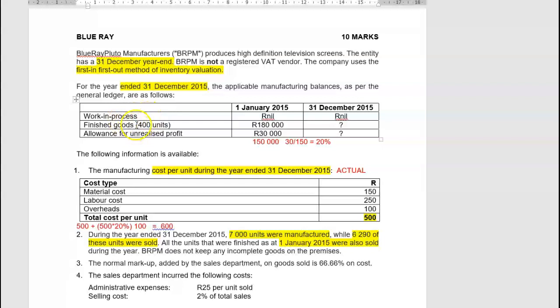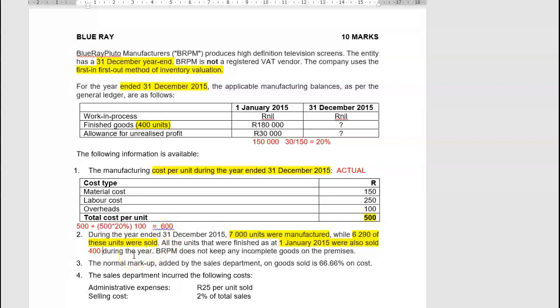How many units was that? That was 400 units. So what was our total sales then? Our total cost of sales would have been these 400 units, of which we have the cost, 180,000, plus 6,290 units at a cost of 600. That was our cost of sales in our finished goods account.